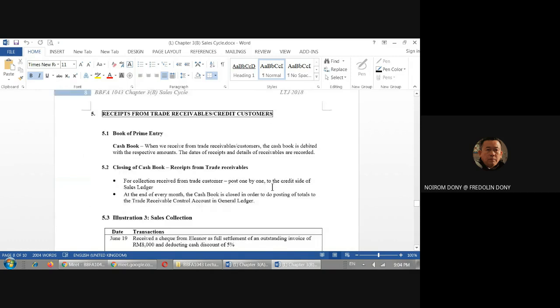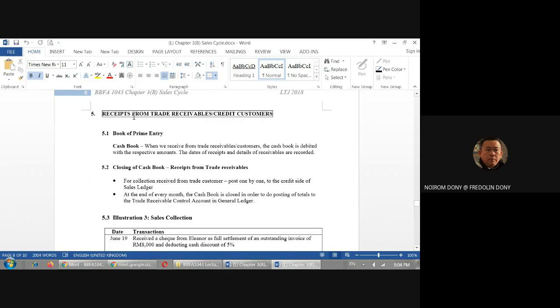Now, this one is a receipt from the trade receivable. So remember, when the trade receivable makes payment, the amount of the trade receivable, a debit item, becomes reduced. So that's why this payment also will be on the credit side.